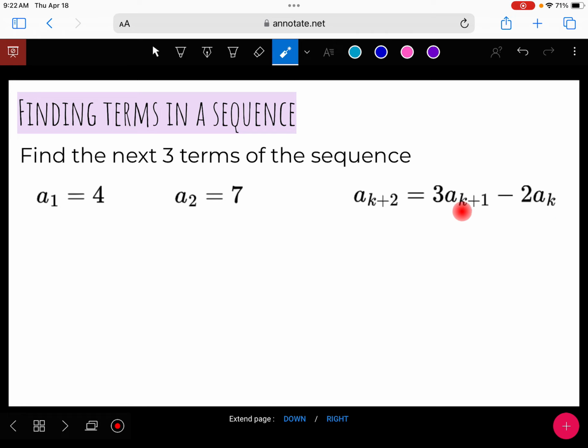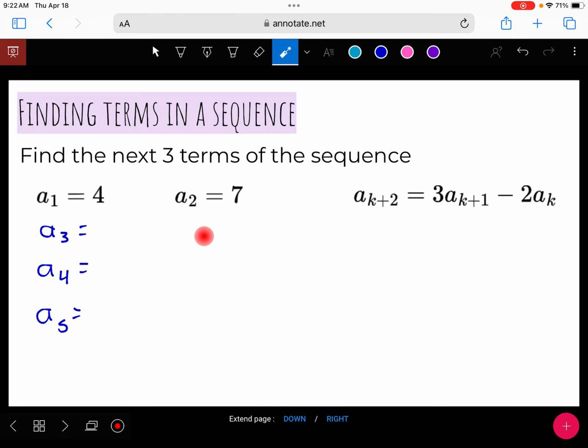So this one requires 2 values for us to know. So we're just finding the next 3 terms: a sub 3, a sub 4, and a sub 5. Those are our goals.